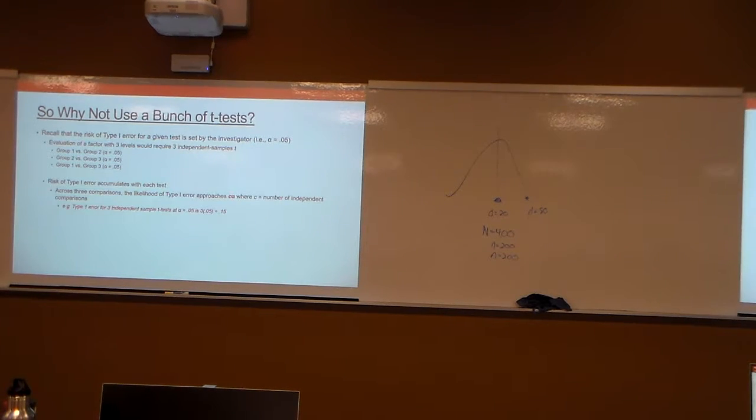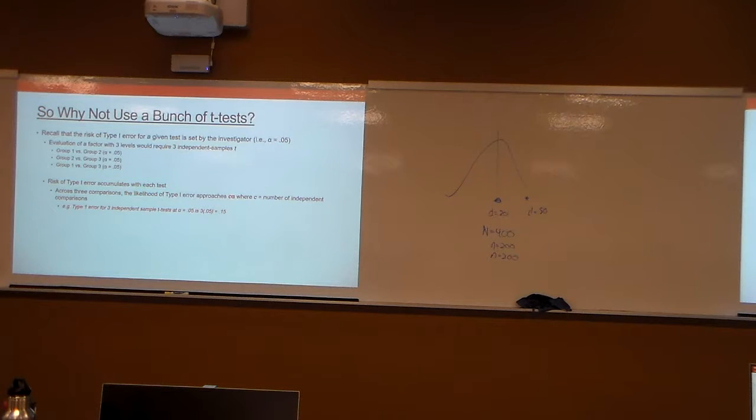As we accumulate these tests, we accumulate type 1 error. Across these 3 comparisons, the likelihood of making at least 1 type 1 error approaches C times alpha, where C is the number of independent comparisons. So the type 1 error for these 3 tests isn't 0.05 for the whole collection; it's about 0.15.